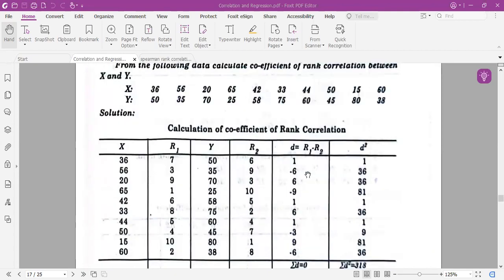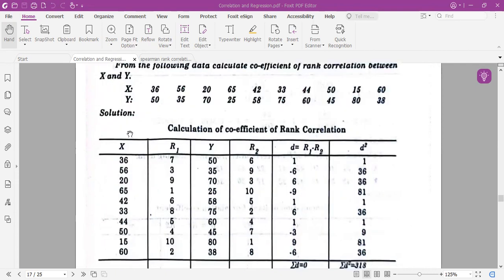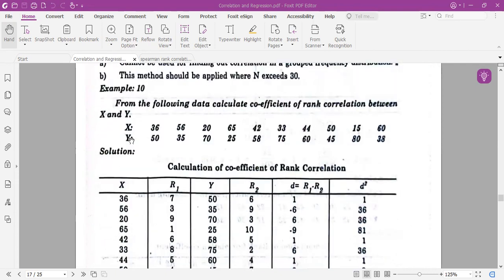Now here, the problem is given like this. From the following data, calculate the coefficient of correlation between x and y by using the rank correlation method. Since they ask to calculate the coefficient of rank correlation, you have to use Spearman's rank correlation method.